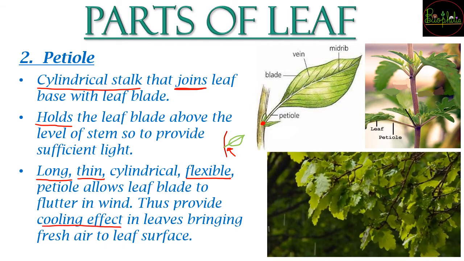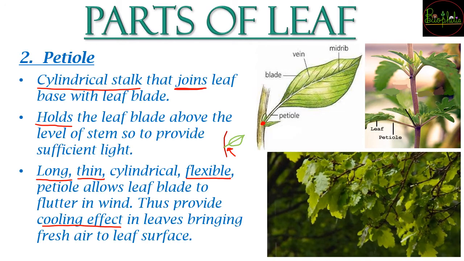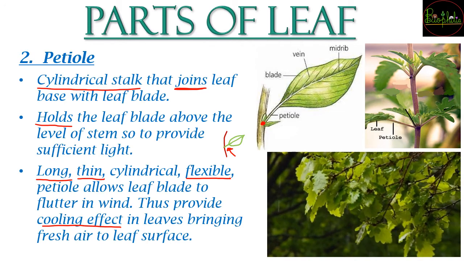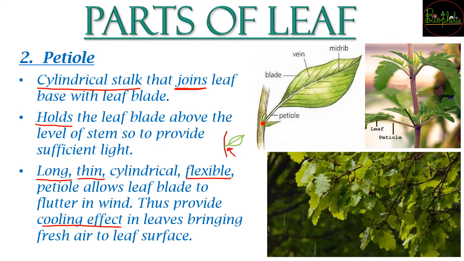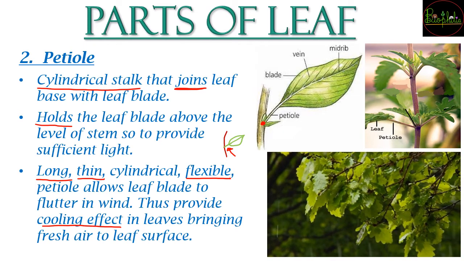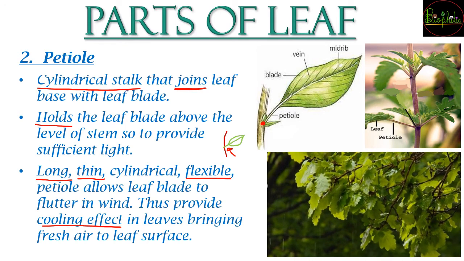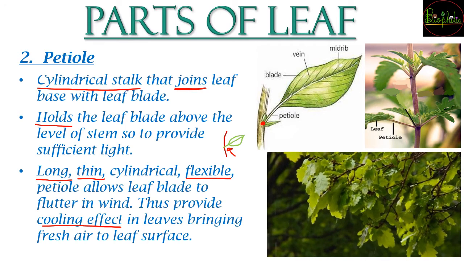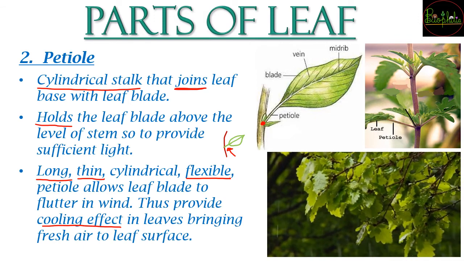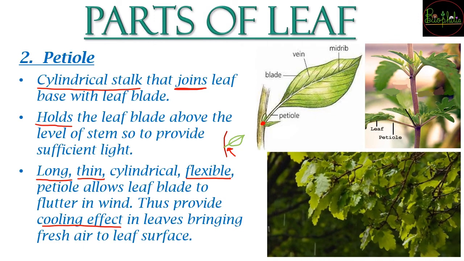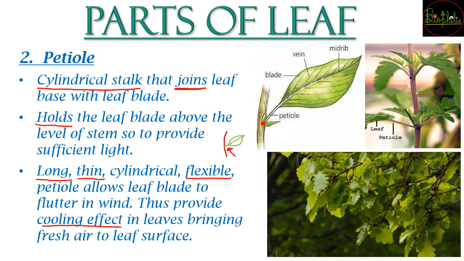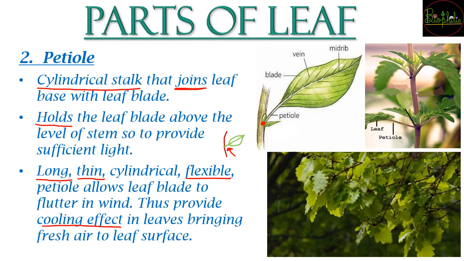That is the fluttering because of the flexibility of the petiole. If the leaf blade came directly after the leaf base, then it would not have been the case. The leaves could have fallen off the tree. But now, because of the petiole's flexibility, the leaves can stay and also show some movement with the wind. So that was about the second part of the leaf, that is petiole.